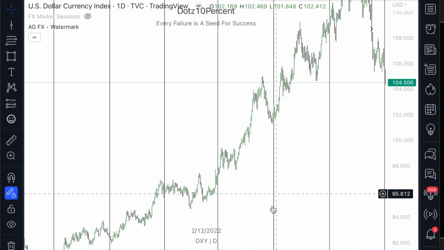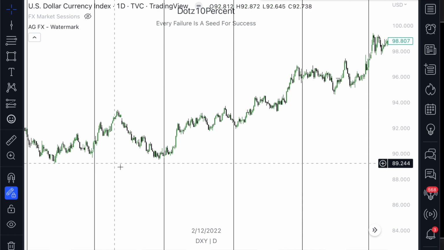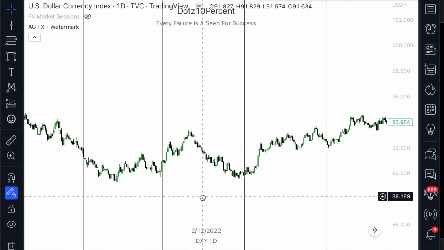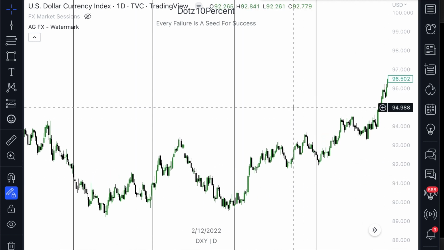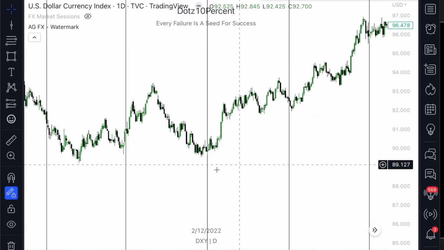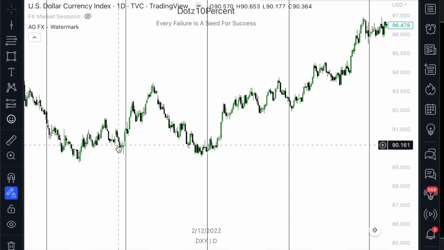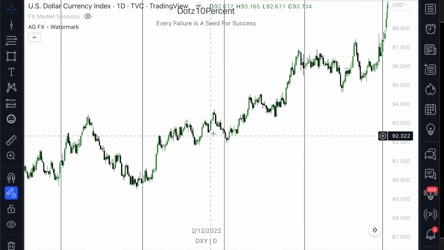Now let's go back. Let's look at one more thing. What is happening when price is going into these new quarters? It looks like somewhat of a consolidation here. Definitely a consolidation here. Somewhat of a consolidation.